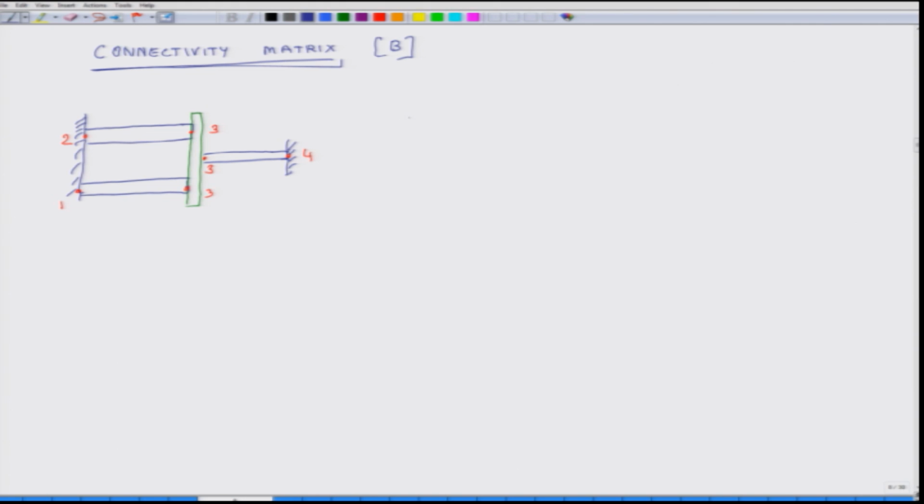My connectivity matrix B equals, and first I will write down the matrix and then I will explain. It is 1, 3, 2, 3, 3, 4.